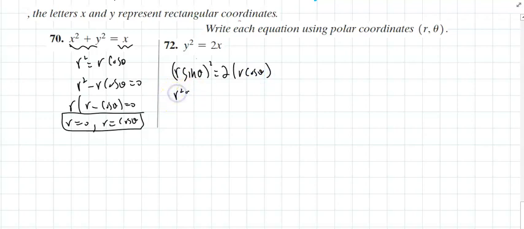Now, r squared sine squared of theta equals twice r cosine of theta. Get everything on one side, 0 on the other side. Factor an r out.